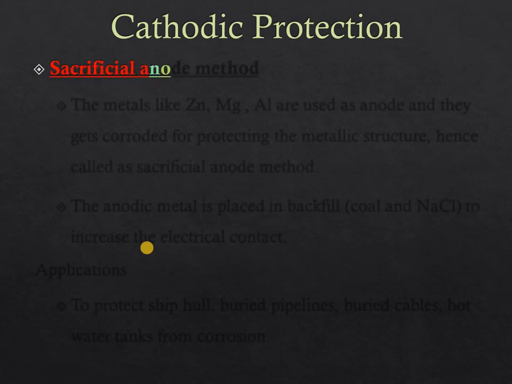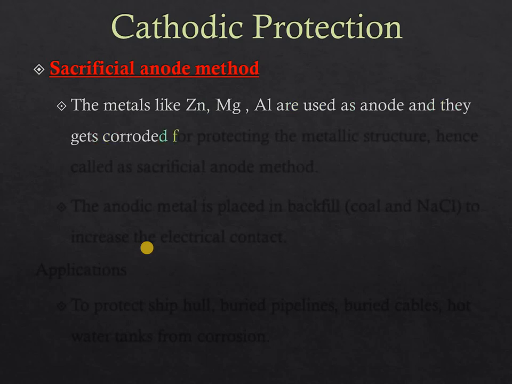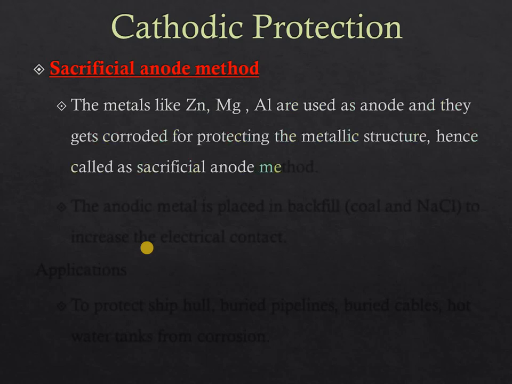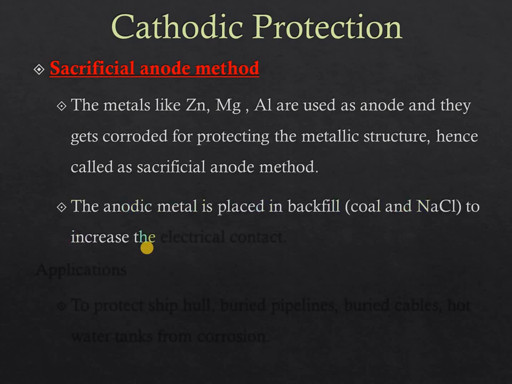So in this method, metals like zinc, magnesium and aluminum are used as anodes and they get corroded for the protection of the metallic structure. Hence the method is called the sacrificial anode method. The sacrificial anode is always placed in the backfill made up of coal and NaCl to increase the electrical contact with the soil.